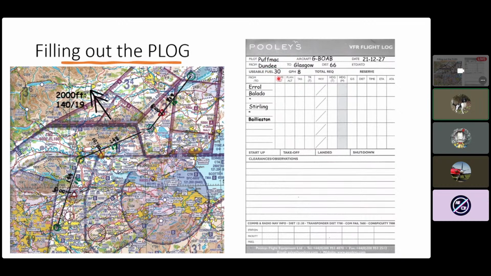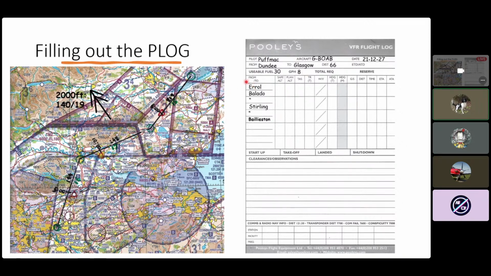So we get 30 US gallons on board, and we're going to burn 8 gallons per hour. Okay, that's a fairly standard figure for a Cessna 172. You would get that information from the pilot's operating handbook if you didn't know. Otherwise, if you're familiar with the aircraft, you would know what it burns. Okay, but that's just there for reference.